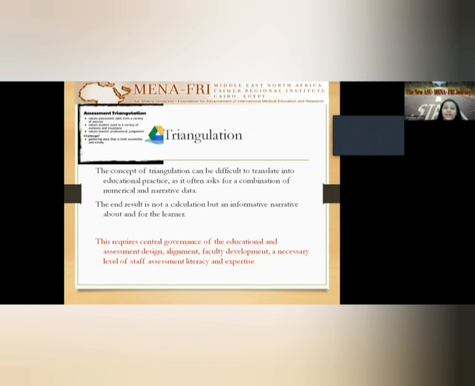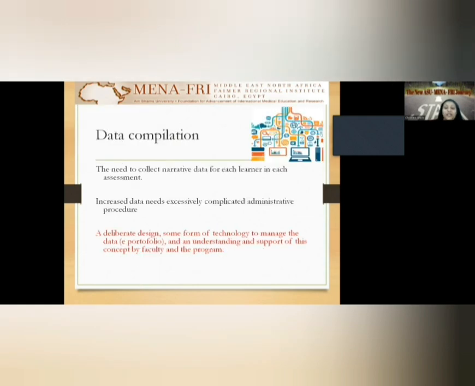This is difficult in medical education because it combines both numerical and narrative data. The same idea or the same reflection for this challenge is data compilation. Data compilation means that we are obliged to collect data for the whole number of students, a huge amount of data points on different domains, through different assessment points and different assessment approaches.